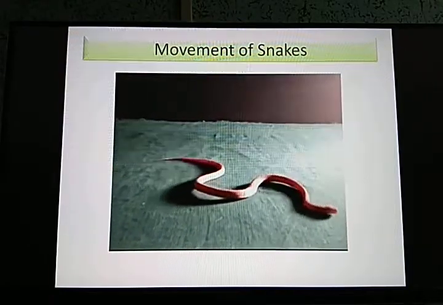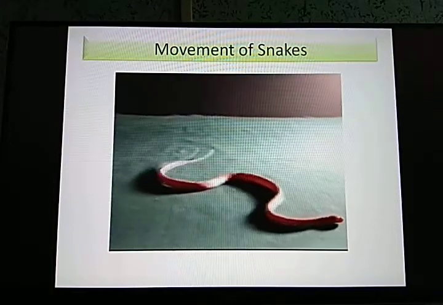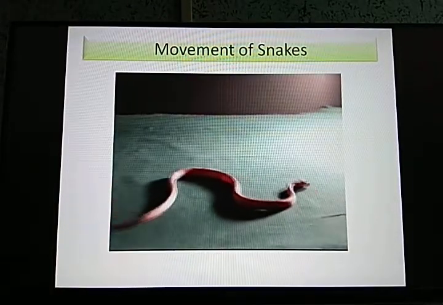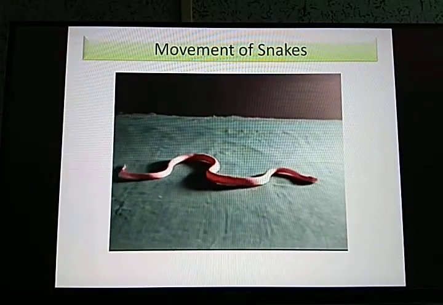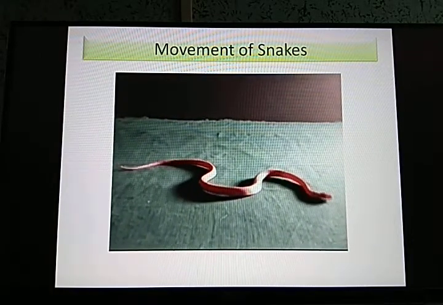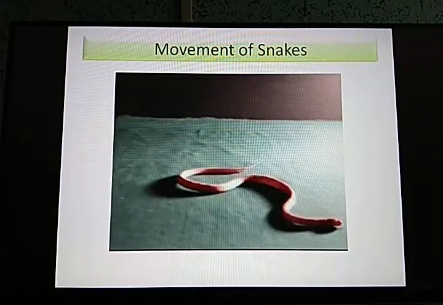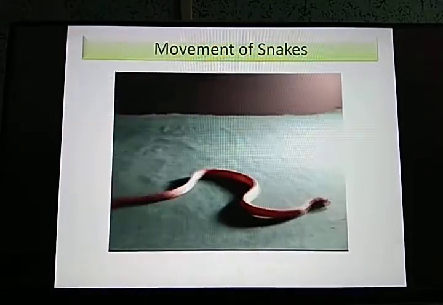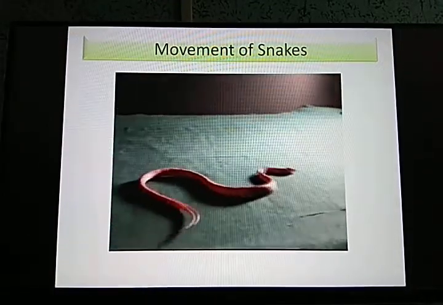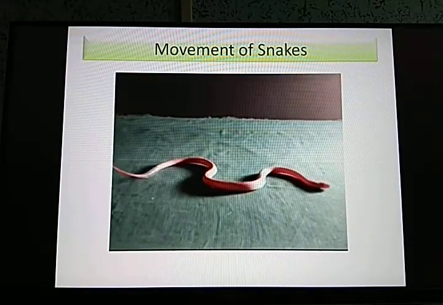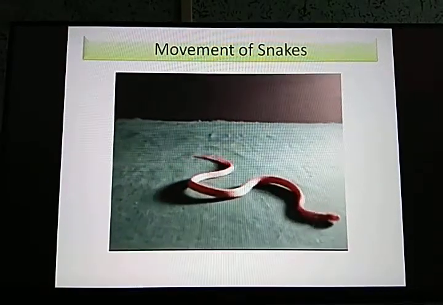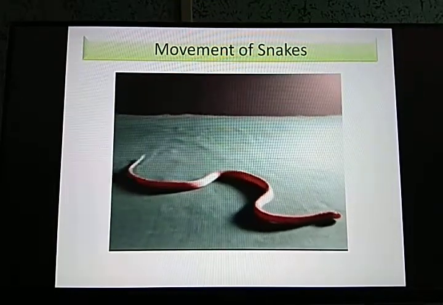So this looping movement of the snake is due to a reason. So what is that reason? Each loop of the snake gives it a forward push by pressing against the ground. So when the snake makes a loop, it is actually giving that force to move forward.